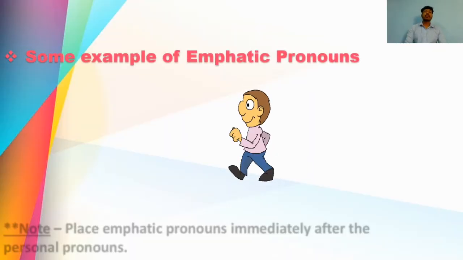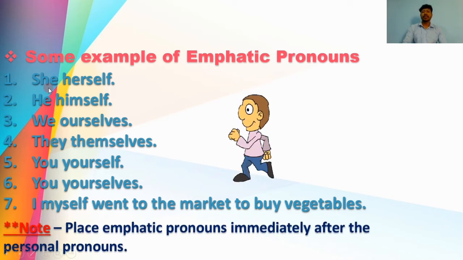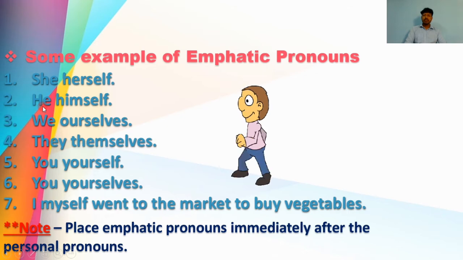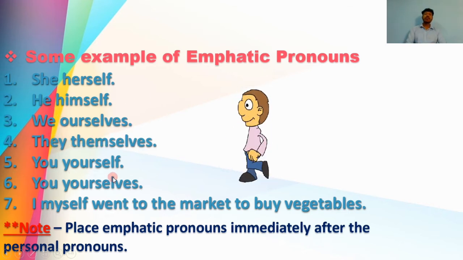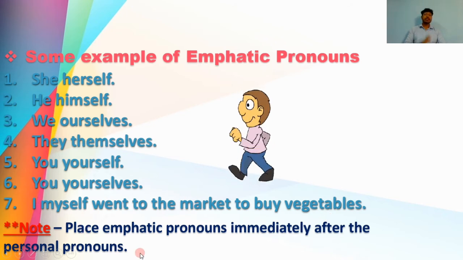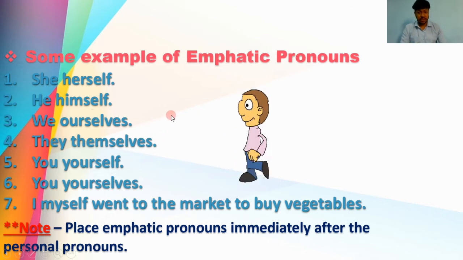Here are some instances of emphatic pronouns. She herself did this. He himself, she herself did this, or he himself, we ourselves, they themselves, you yourself, you yourselves, I myself went to the market to buy vegetables. Place emphatic pronouns immediately after the personal pronouns. So here just notice something.